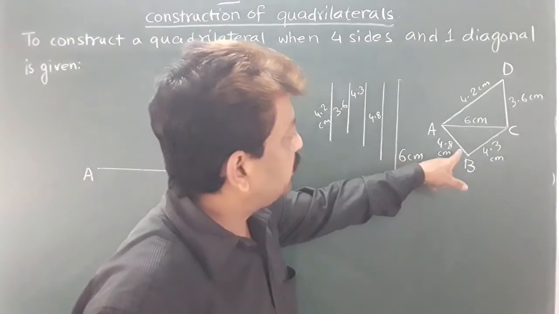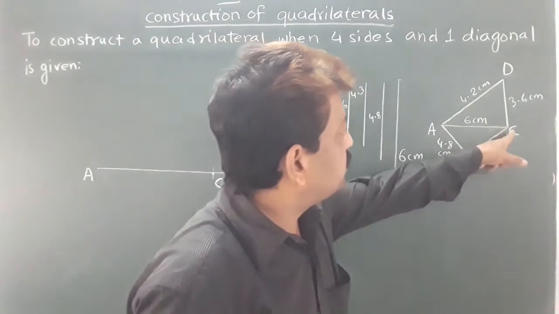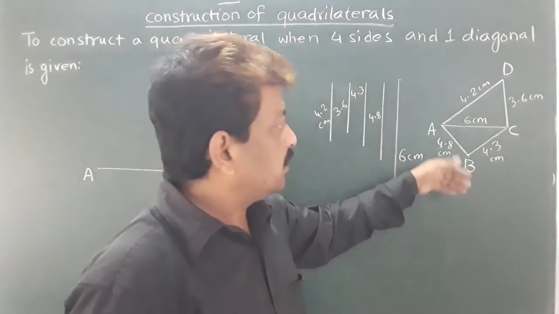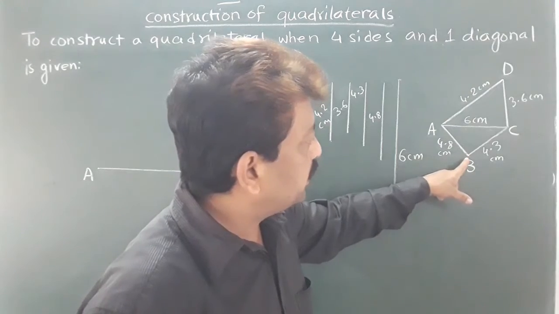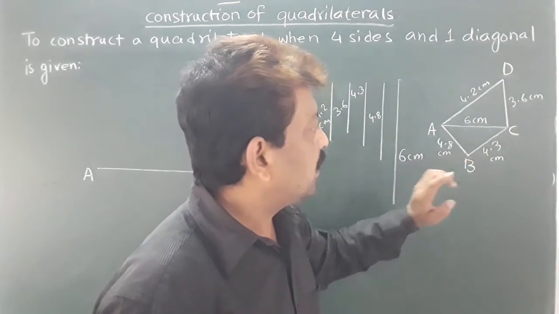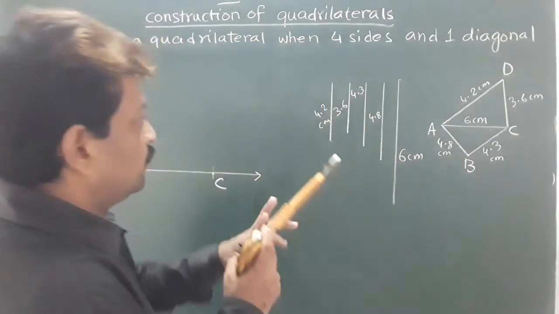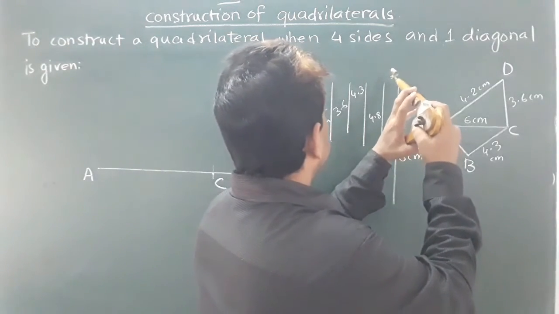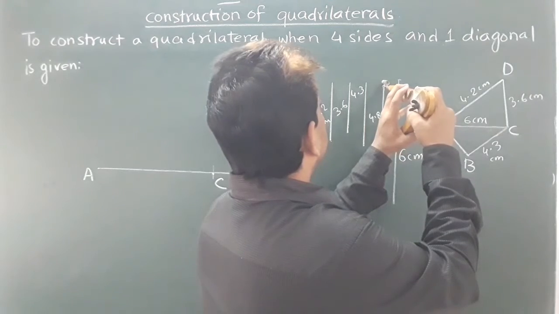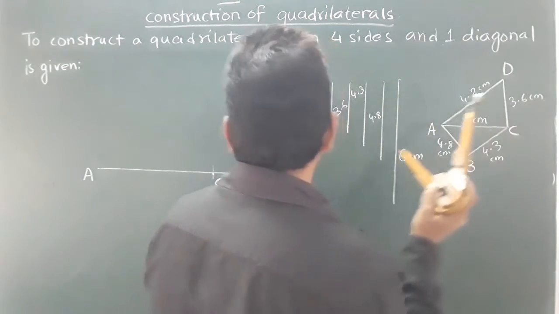Now AB and CB will be constructed below the diagonal AC. AB is 4.8 and BC is 4.3. So first, 4.8 is AB.